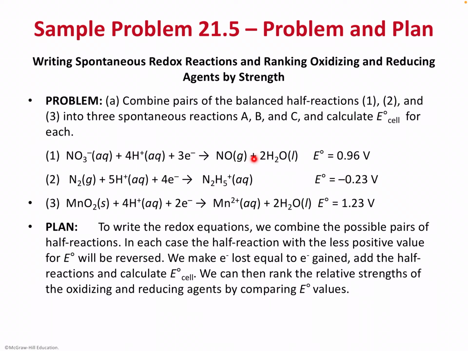For the reduction, we choose the one with the more positive value, because E naught cell would be E naught cathode minus anode. So if this is the cathode and this is the anode, cathode minus negative 0.23 is going to give us a positive value. So this is going to be your oxidation, this is going to be your reduction, and this reaction needs to be reversed.